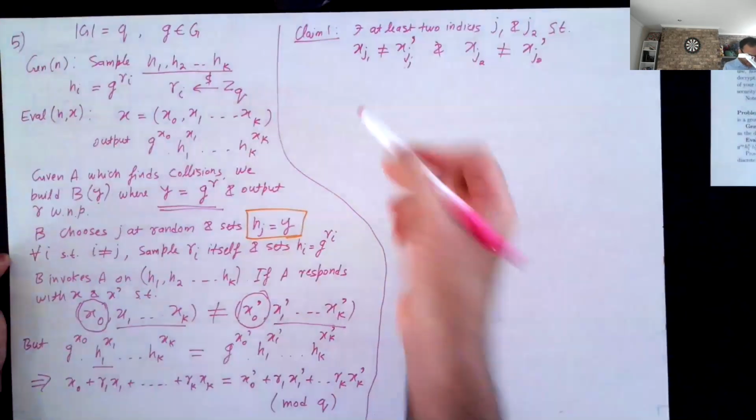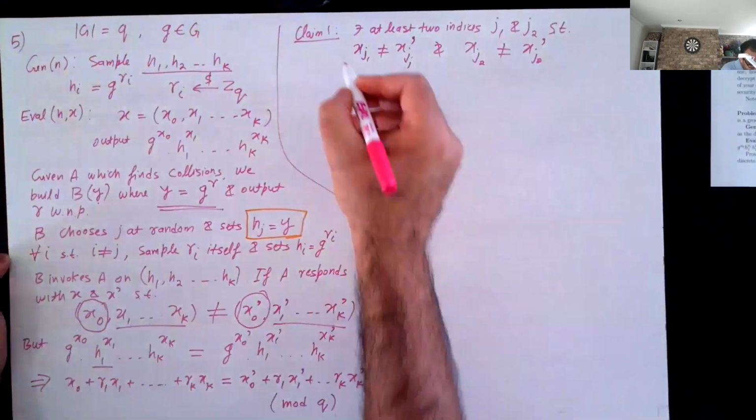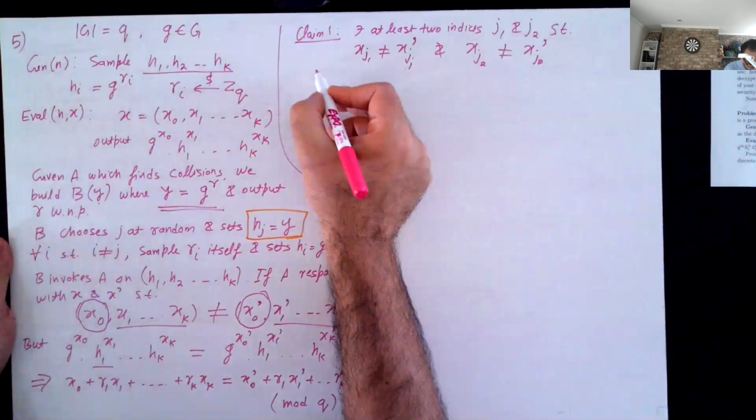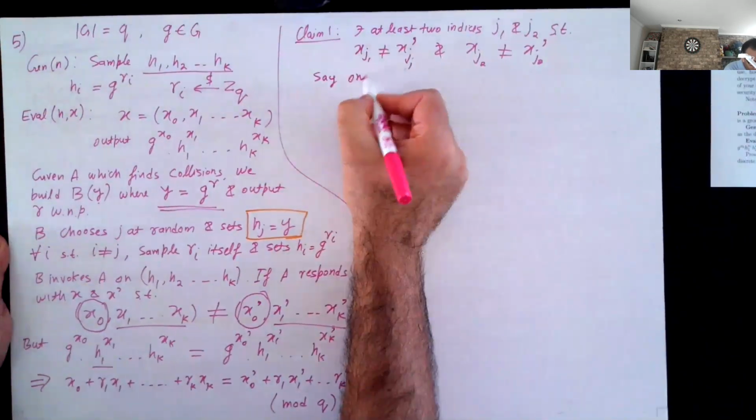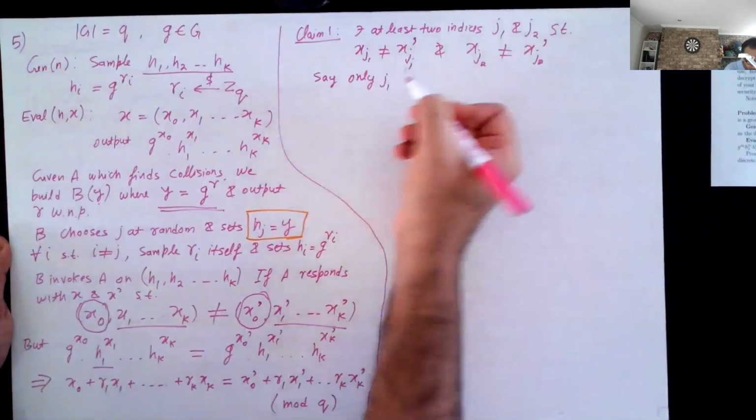Okay, and this is actually easy to see. If not, say only one index is different. Say only j1 is different.